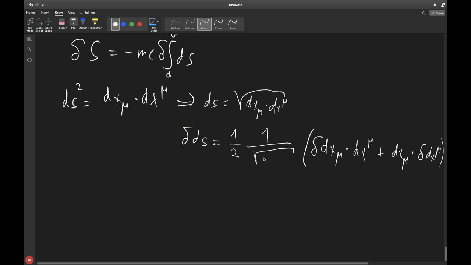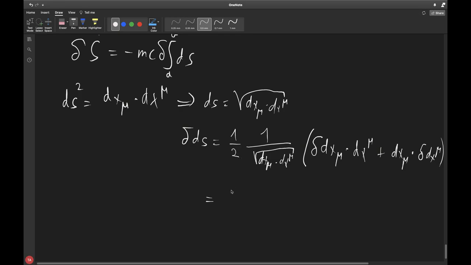And what is down here, dx mu dx mu, is defined to be ds. So I have a thing plus a thing, which is two things, divided by 2, which is one thing.